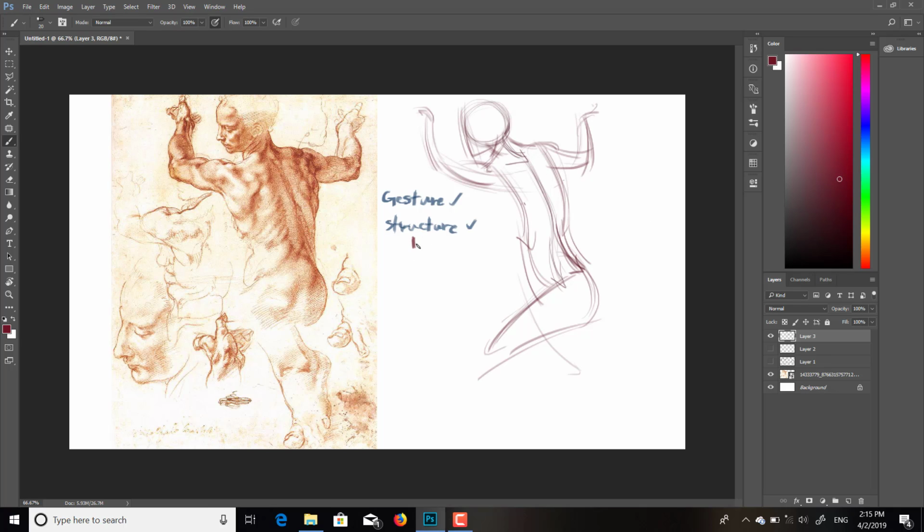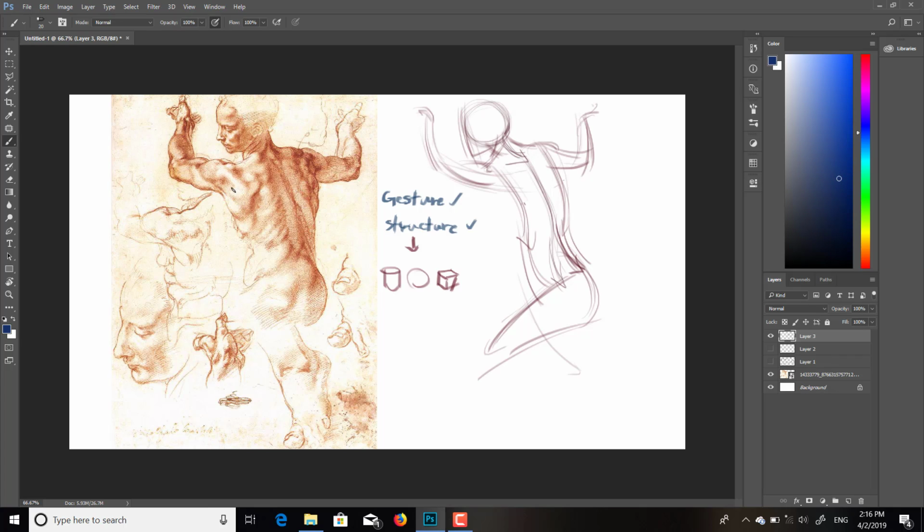So for structure, I told you that we have to translate everything you see to primary forms: cylinder, sphere, and box. If you want to analyze Michelangelo's drawing, let me change the color.